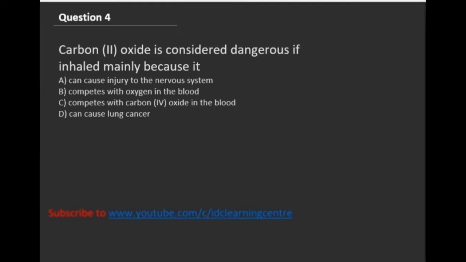So the right answer to this is B, competes with oxygen in the blood. Carbon 2 oxide is a very strong reducing agent and a poisonous gas which reduces the concentration of oxygen in the blood of a human. So it is dangerous when inhaled, because it competes with the oxygen in the blood. So the right answer is B.